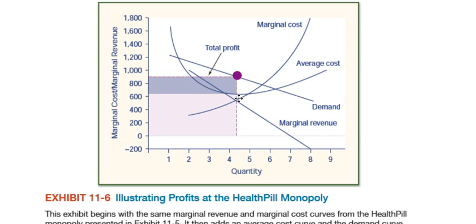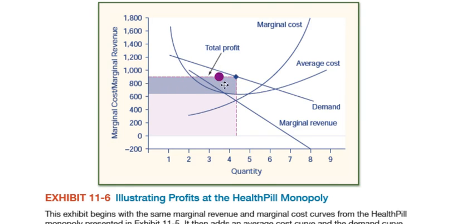And in a typical monopoly, if the average total cost at the point where they're producing is below their price, then they're going to make an economic profit, which is this dark blue area right here.